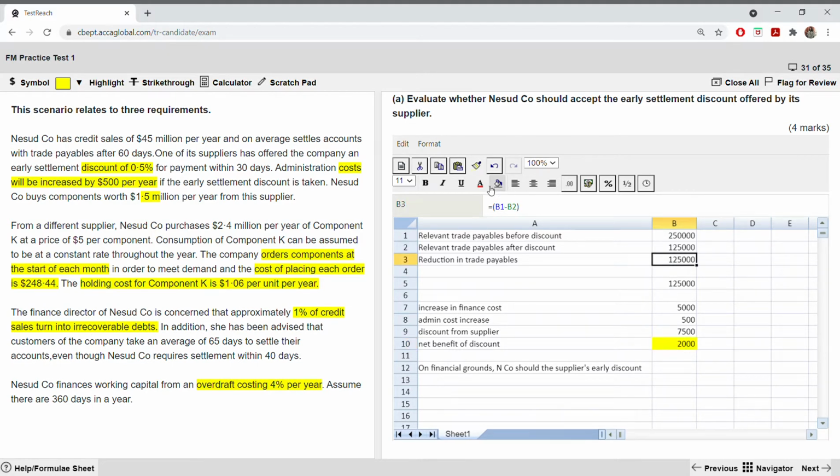Half a mark for administration cost increase.